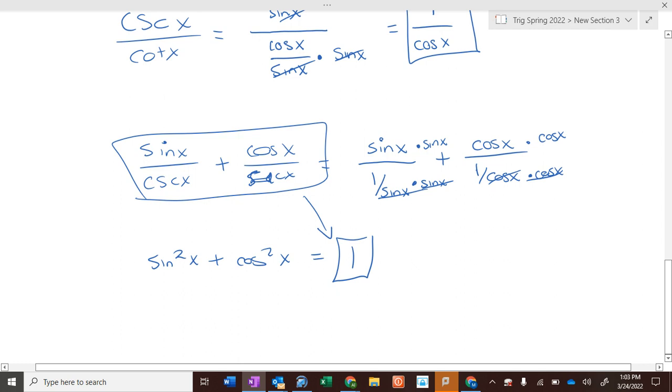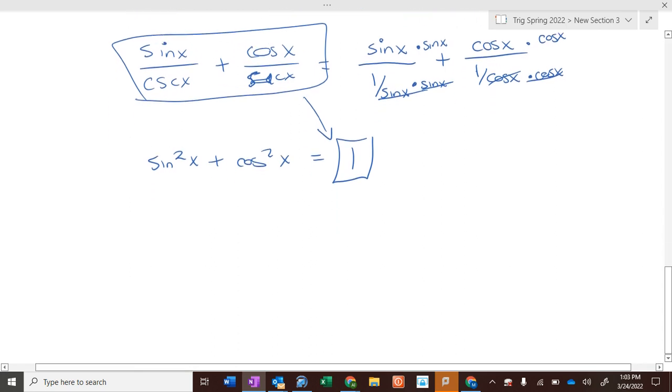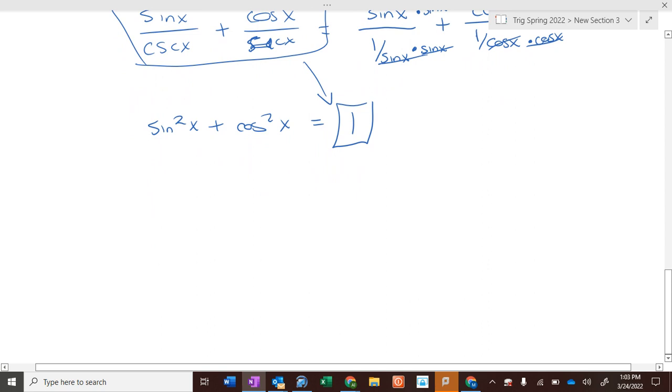Okay? So that's pretty nice. Let's do another one. Let's say we have sine of x times cotangent of x plus 1 times cosine of x minus 1.